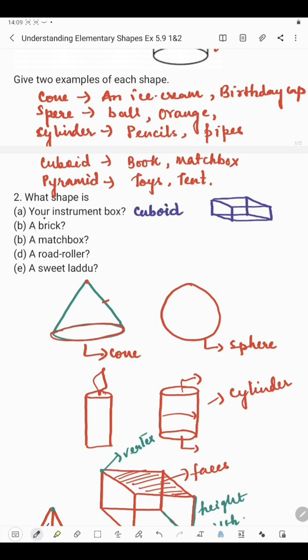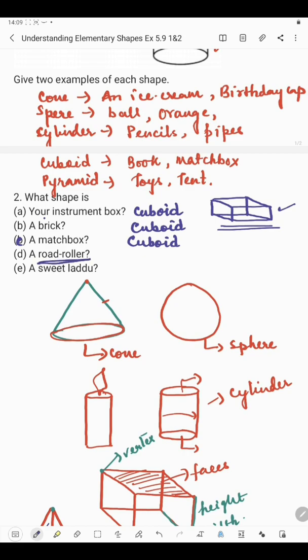Now in the B part we have a brick. A brick also looks like this, formed using rectangles. So this is also a cuboid. Now in the C part we have a matchbox. You all have seen a matchbox, it looks like this. It is also in the shape of a cuboid.